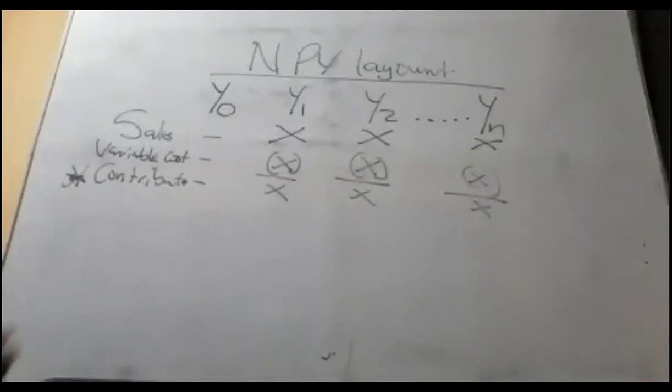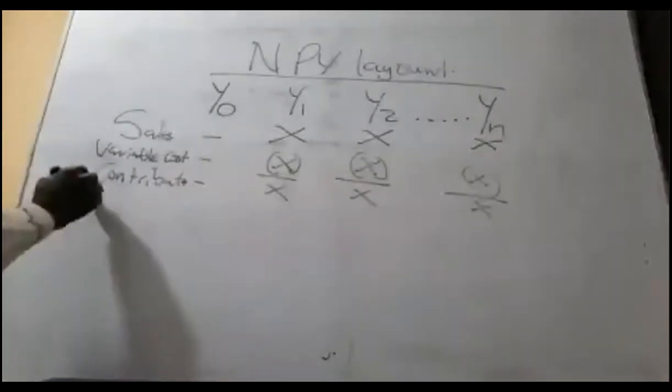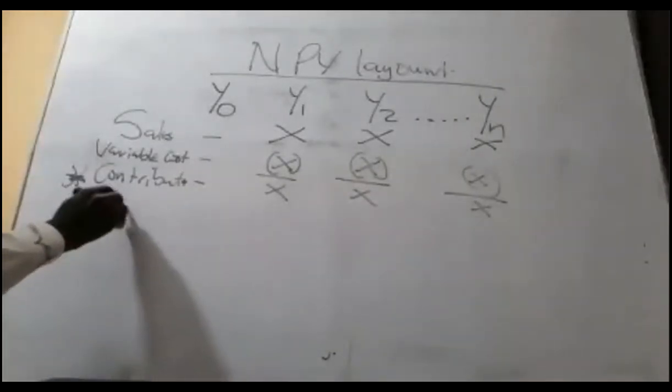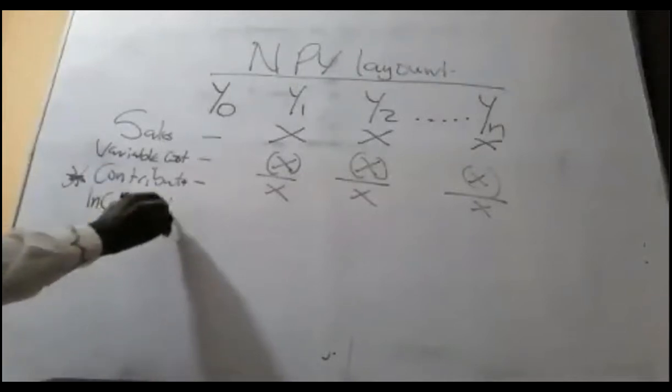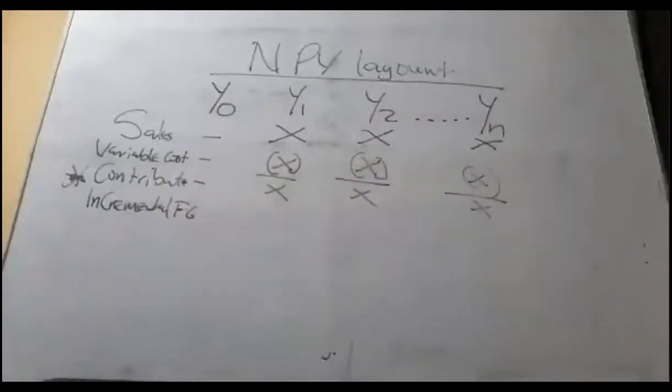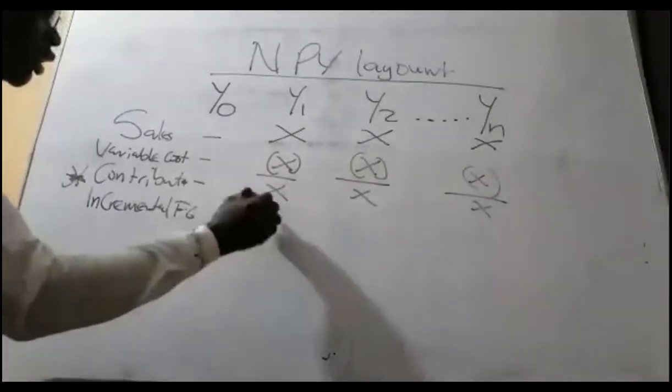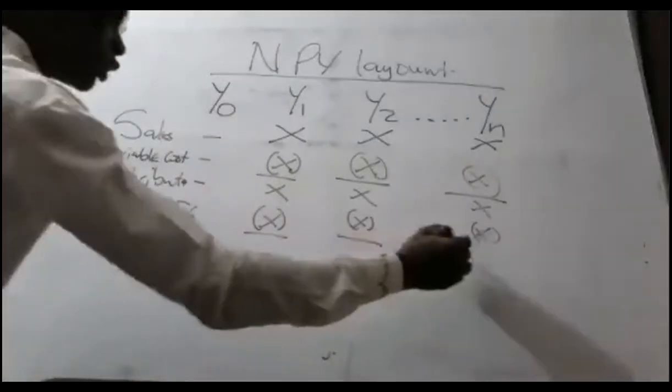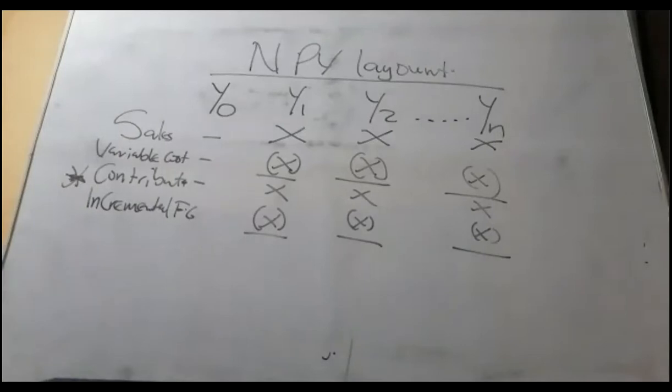Now, from contribution, this one is very important. Use a red pen to write it if you have one. Incremental fixed cost. Not just fixed cost, but it must be incremental. The incremental fixed cost, so much, so much. Do you add or subtract?